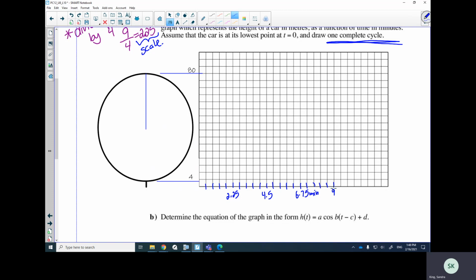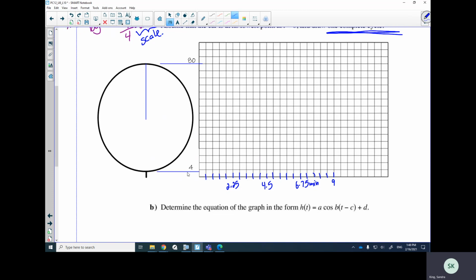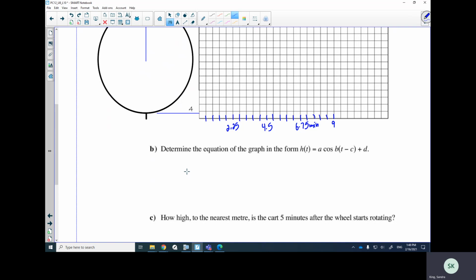Okay, let's get our midline in there, because I always do everything from the midline. So remember the midline is max plus min divided by 2. The max of this graph, they said, was at 80 meters.